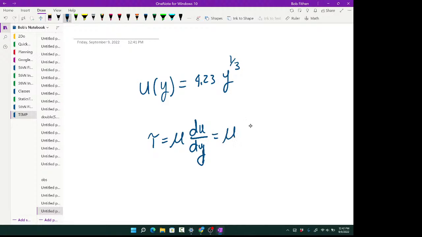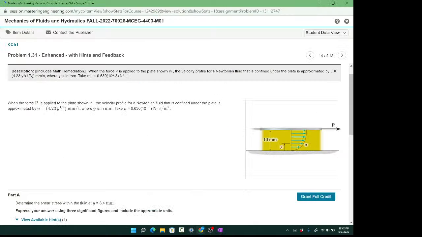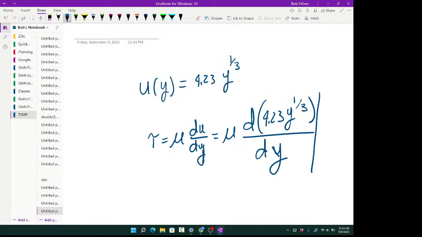And if you want it evaluated at y equal to 3.4 millimeters, you would just put in y equal 3.4 right there, and that'd give you the answer.